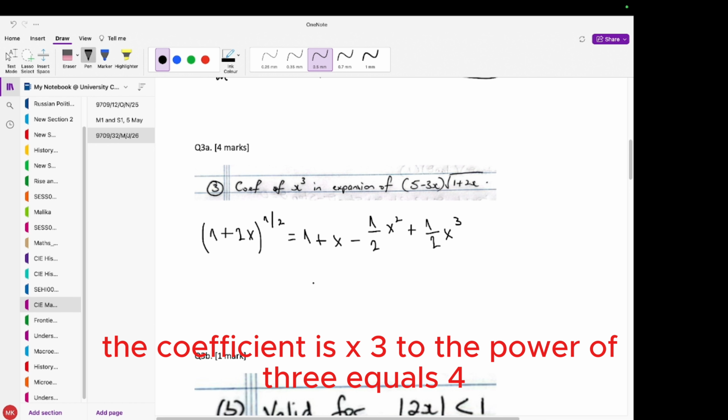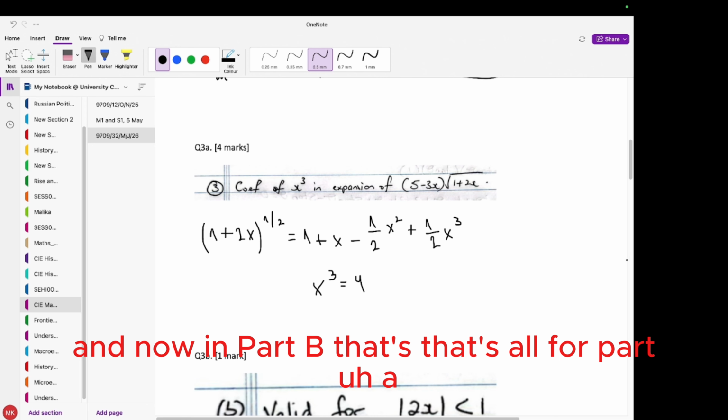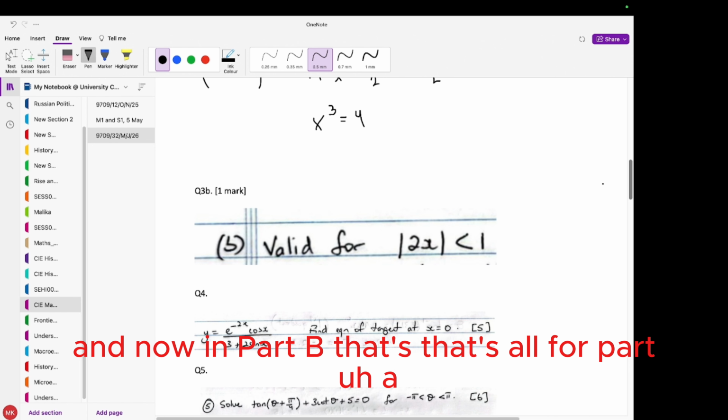The coefficient of x to the power of 3 equals 4. And that's all for part A.